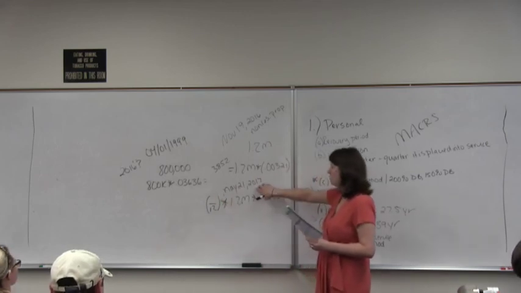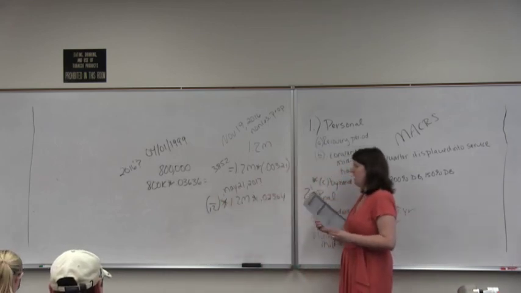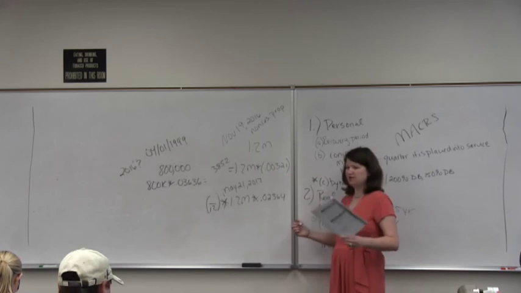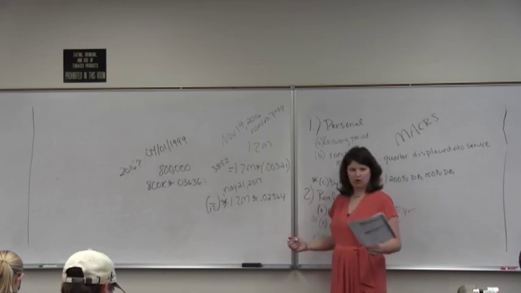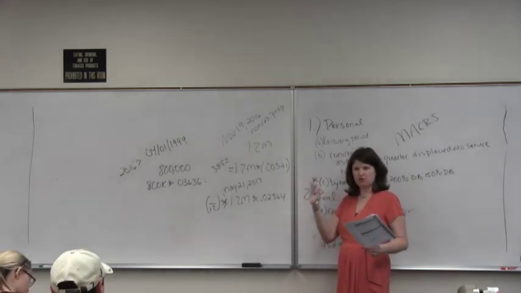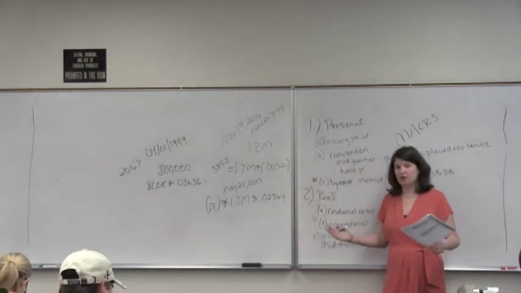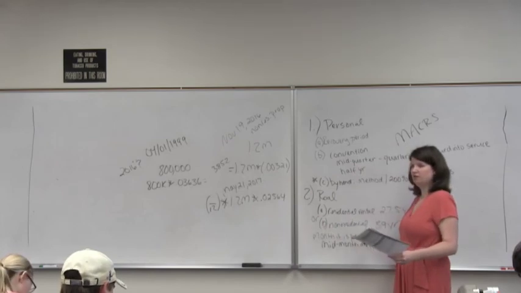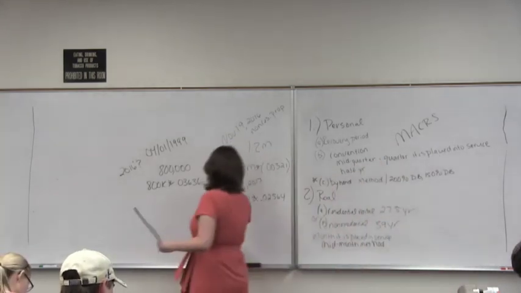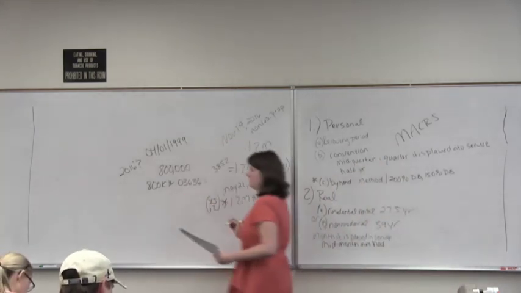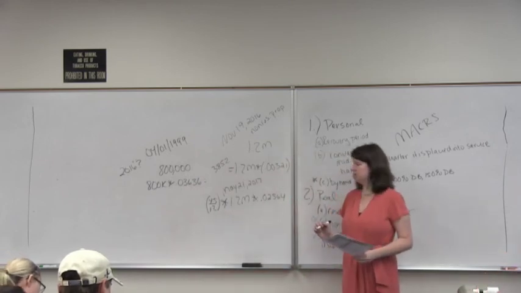If they sell it on May 21st, how many full months of depreciation did they get? 4, right? January, February, March, April. And then they get half of the 5th one because it's a mid-month convention. So 4.5 out of 12.